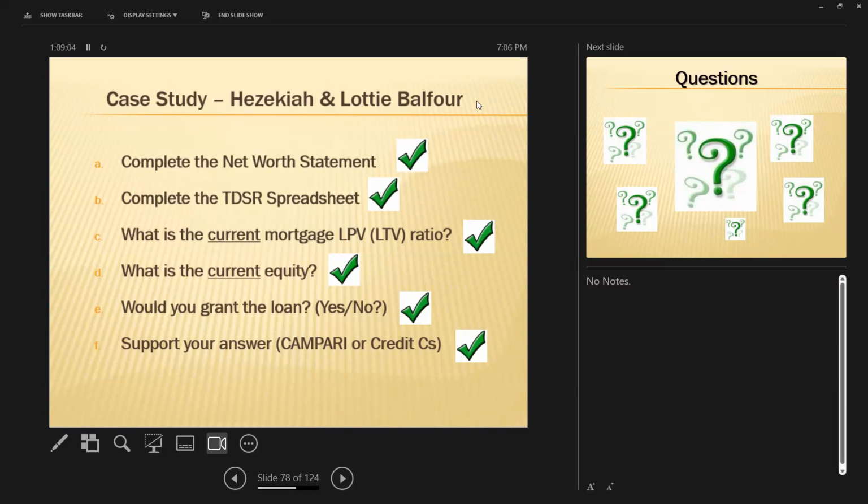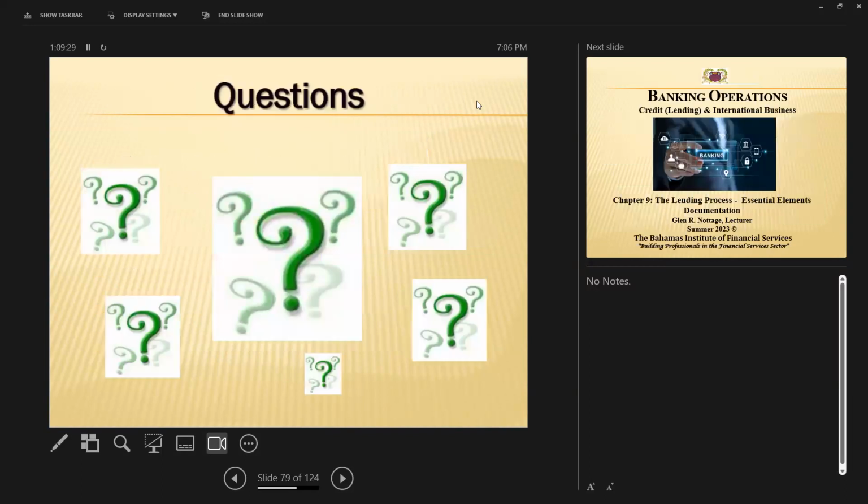We've completed the net worth statement, the debt service ratio statement, the current mortgage LTV, and current equity. We've answered the question, would you grant the loan? We've supported our answer using CAMPARI or the credit Cs. We've also said whether the net worth statement was positive or negative. Okay, any questions on that?